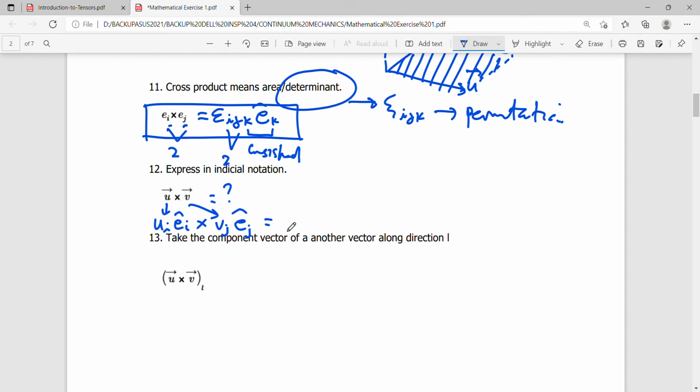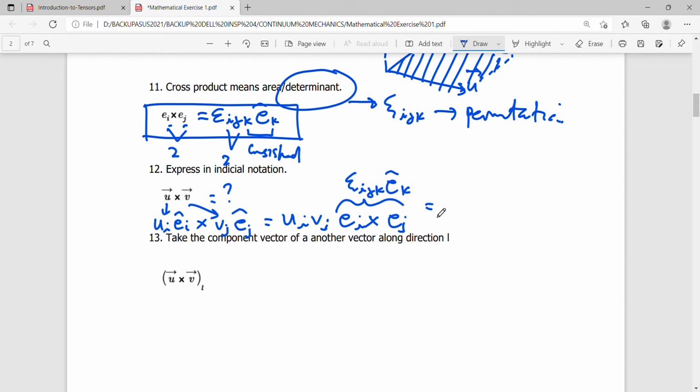If I make this simpler, this is U_i V_j, and then I place e_i cross e_j. But e_i cross e_j is simply epsilon IJK.